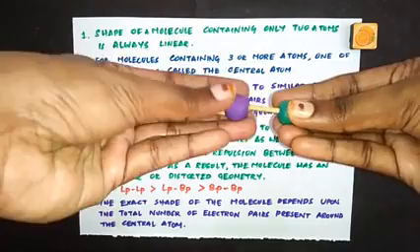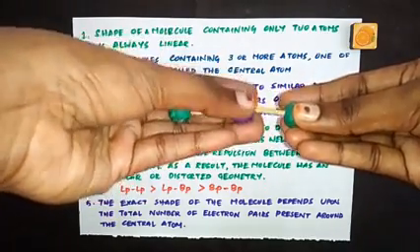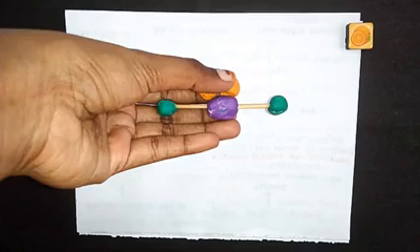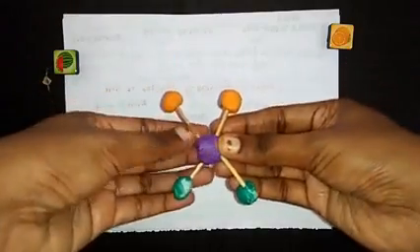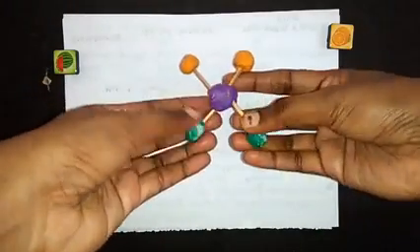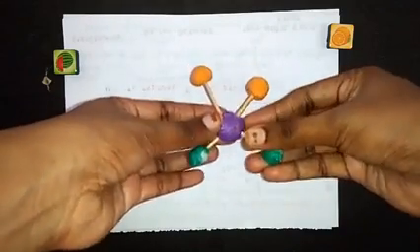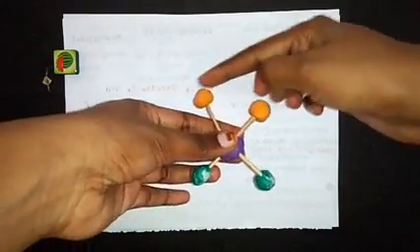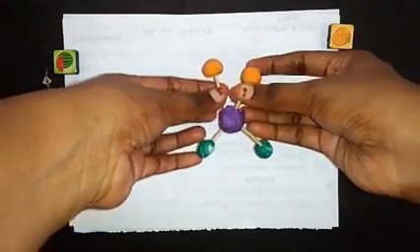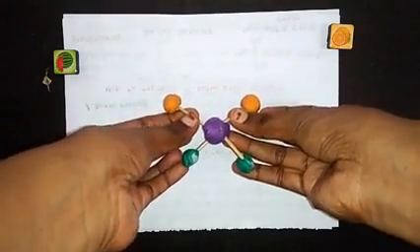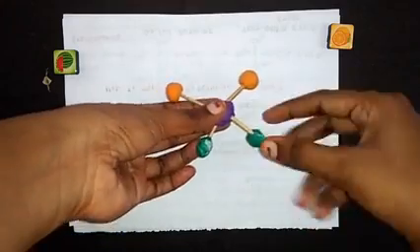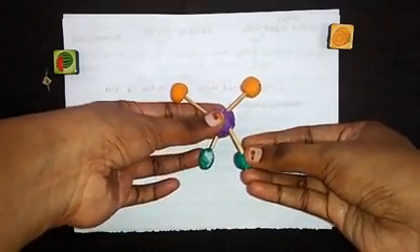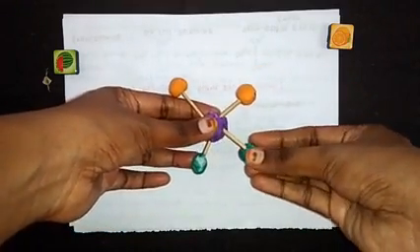Now, if there are lone pairs of electrons on this central atom, for example, two lone pairs along with these bond pairs, according to VSEPR theory the lone pair repulsion will be more. So they will repel as much as possible and these two will come closer. So you will get a bent shape.